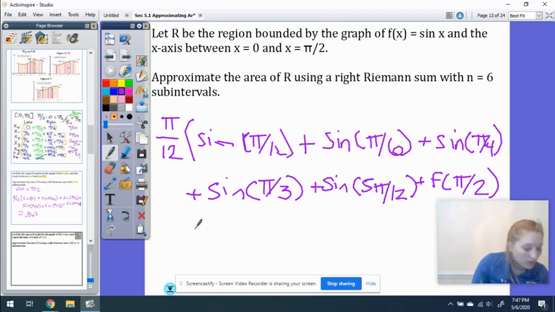All right, so if we plug that into our calculator, we're going to get about 1.125.